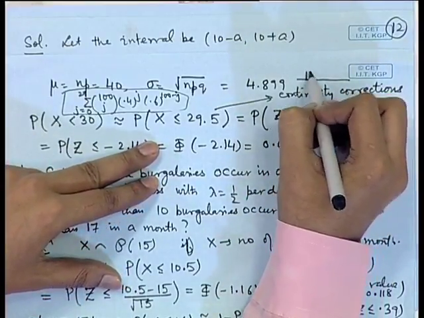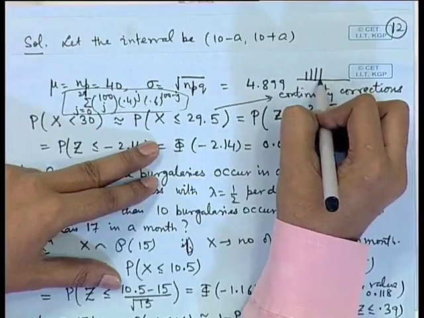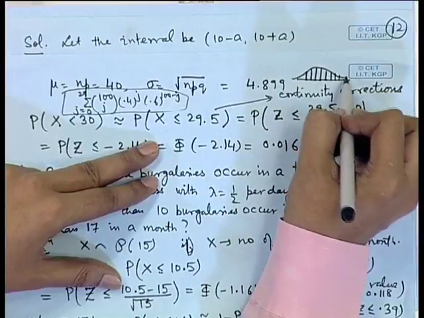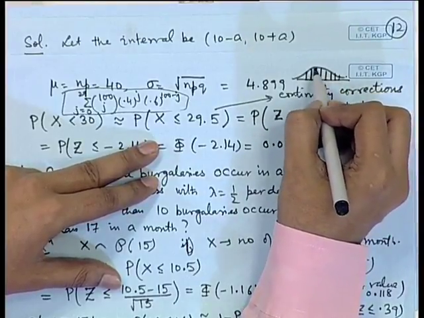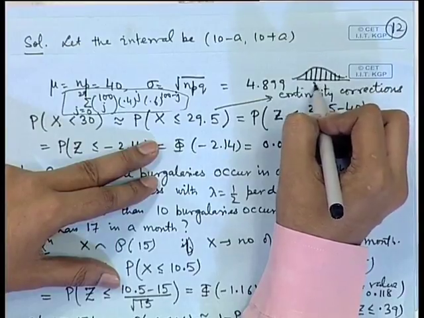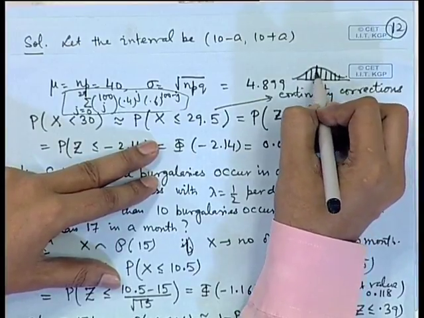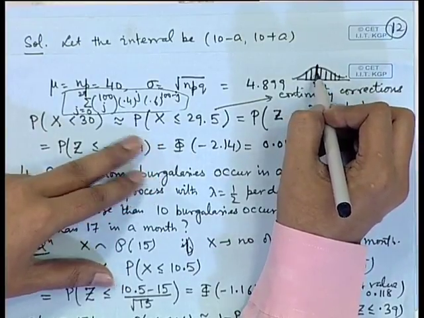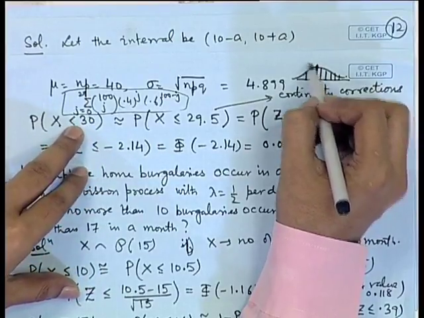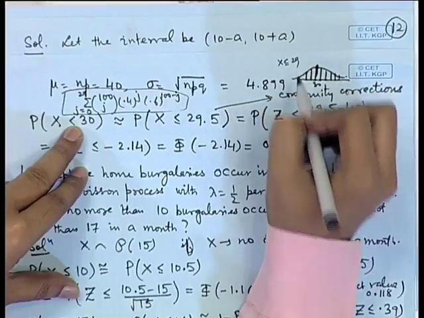Consider like this: in the binomial distribution, the curve is like this. Now, if we are approximating it by a normal distribution and suppose this is 30, so it could be also less than 29, x less than or equal to 29.